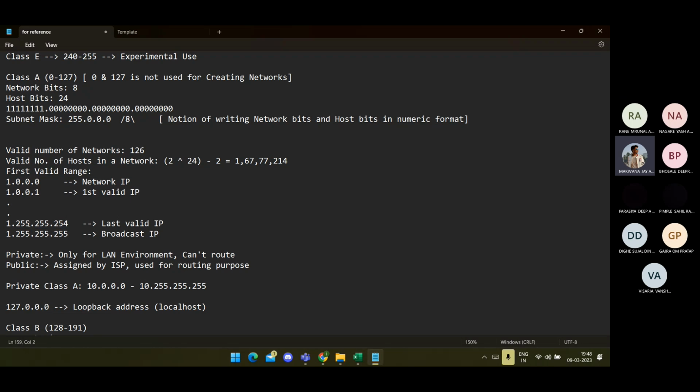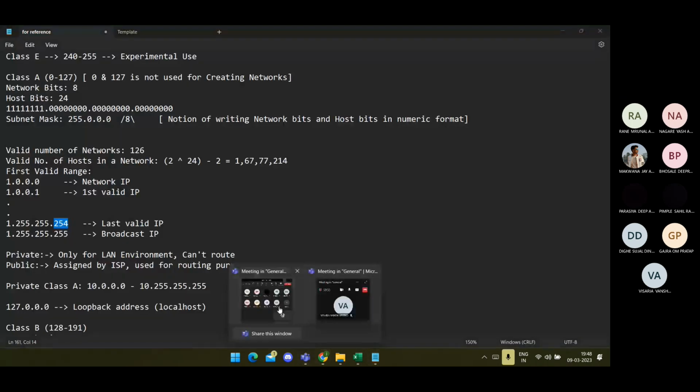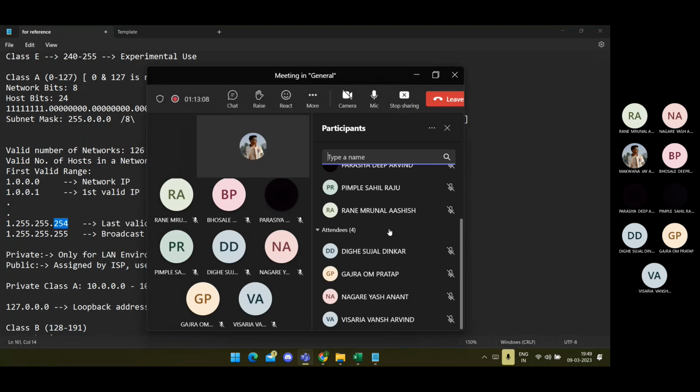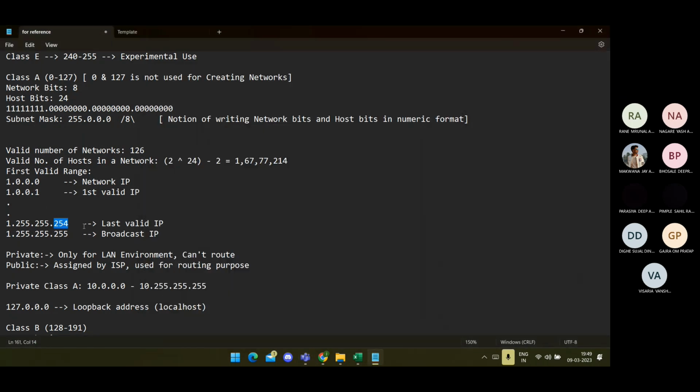Now, can someone say why it is till 255? A single octet can only be represented till the number 255. So this is the last valid IP, and the last IP from the pool will be given to the broadcast IP. Okay, so this is for class A.